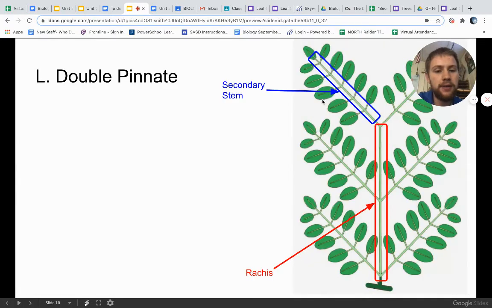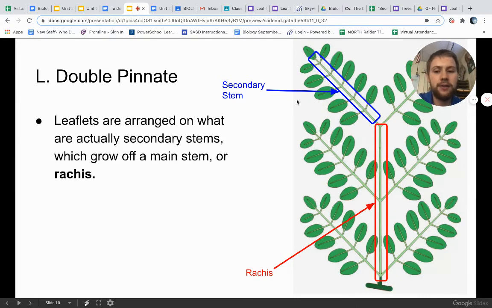So that's pinnate. Then we get to double pinnate, where essentially double pinnate is just one more set of divisions. So in double pinnate, there's not only the rachis, so you've got the petiole down here, you've got the rachis here, but then you have additional branching.